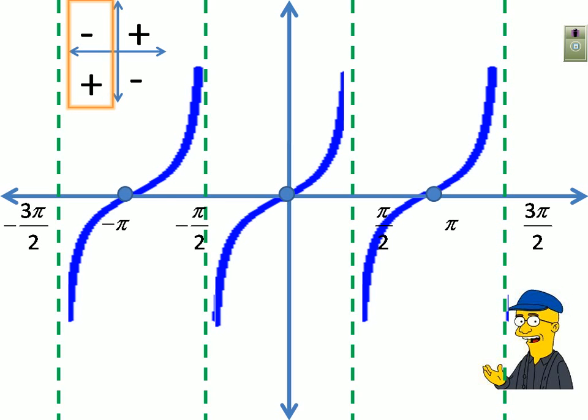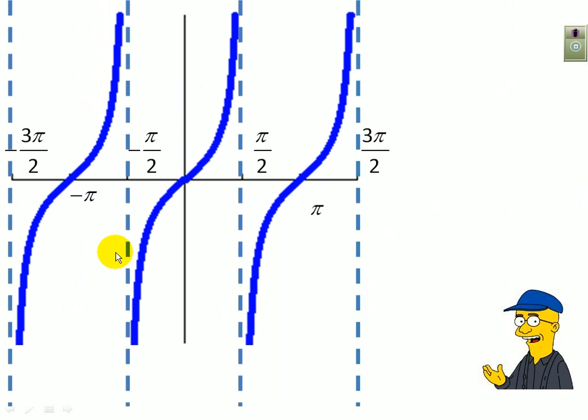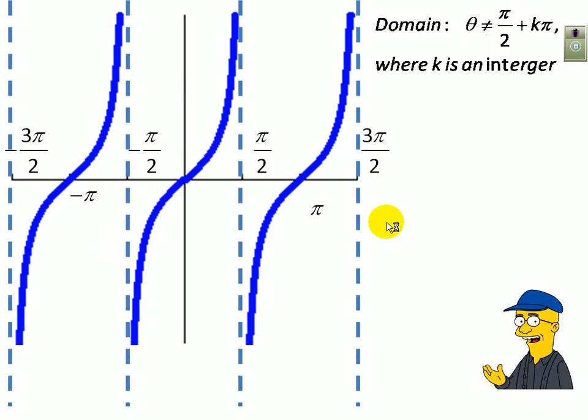Okay. Now, let's just make some observations about tangent. First of all, the domain of tangent, as we've stated earlier, is theta can equal any real number except pi over 2 plus any integral multiple of pi. So that's the domain.